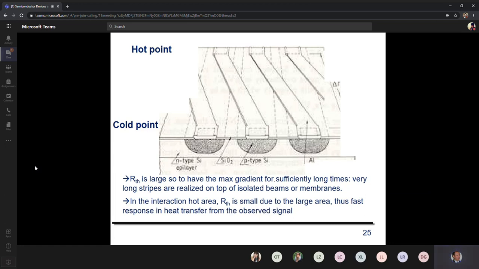And then into it, we create the channel made of P-type silicon, okay? So if then we keep all these PN junctions in the reverse bias, we do not have the current flowing from the P-type zones into the substrate, okay?